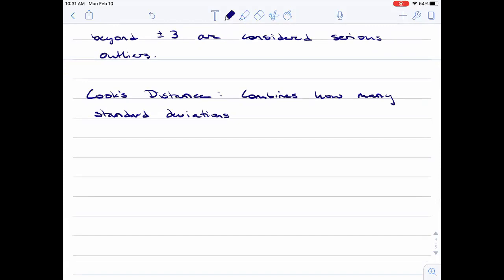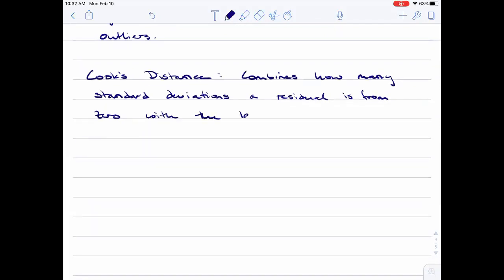Sorry, a residual, I should specify, not just any point. It's just a long sentence. It combines how many standard deviations a residual is from zero, but also the leverage of each point.